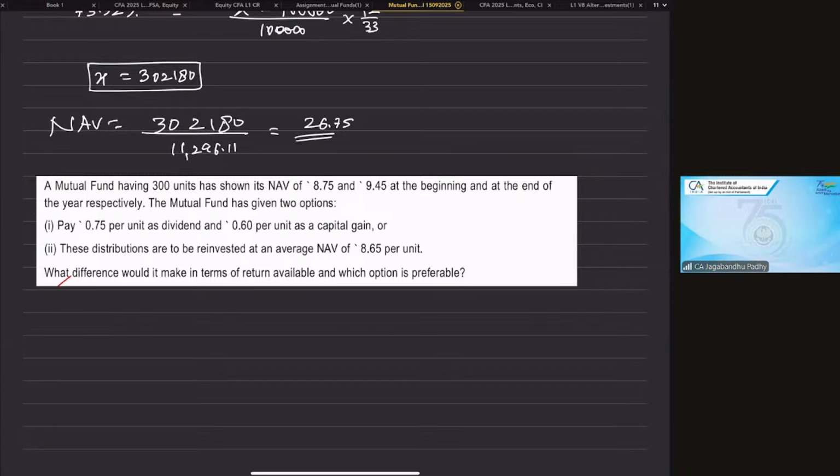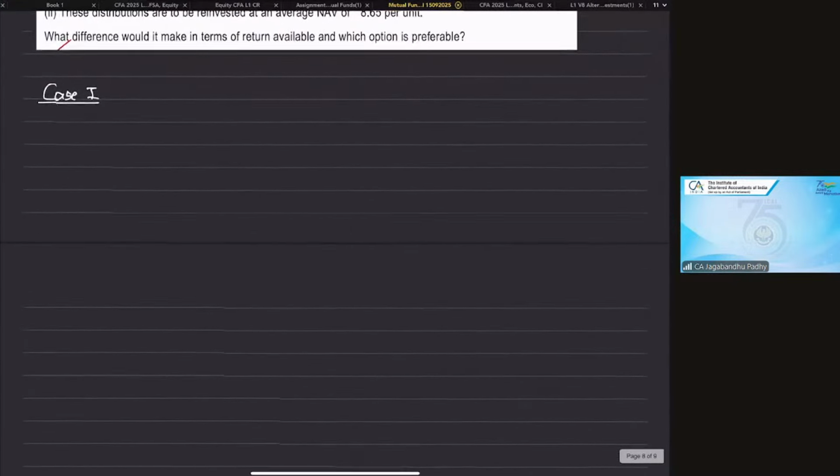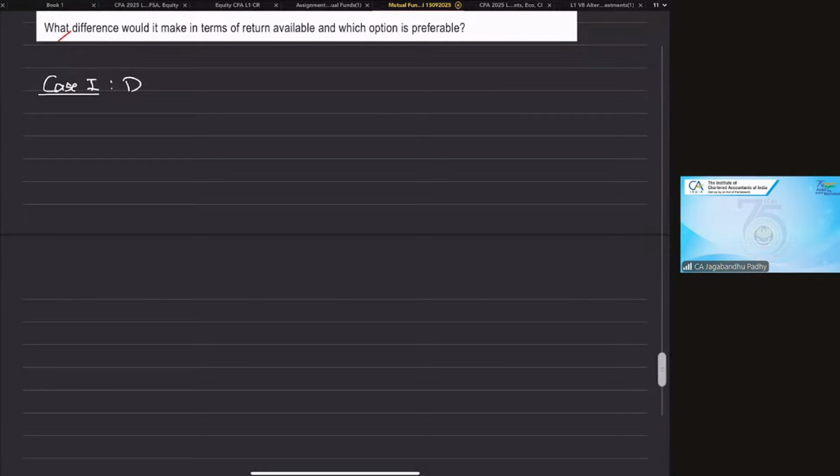So in case number 1, guys, where we are going for distributions as cash, the distributions are going to be received as cash.